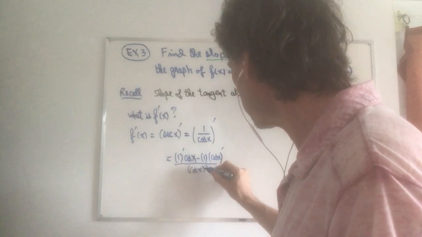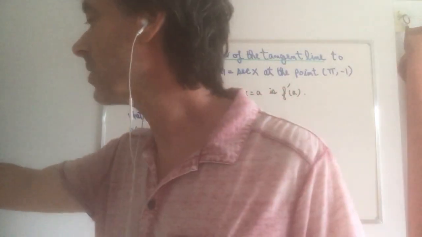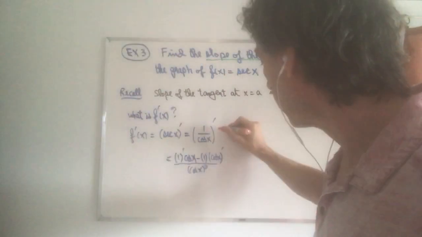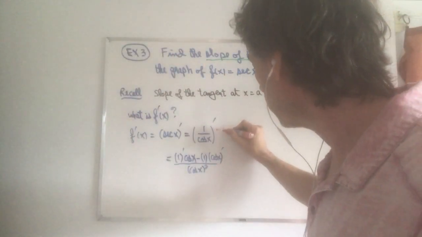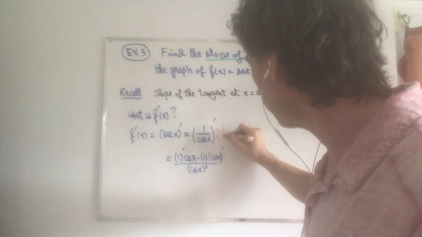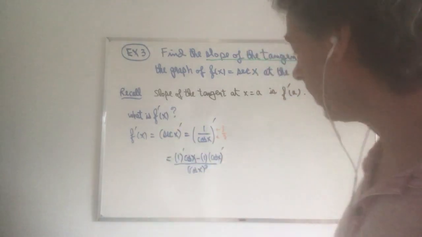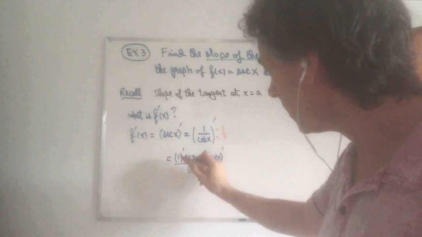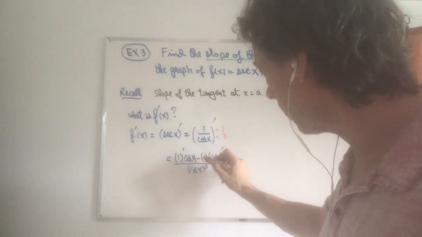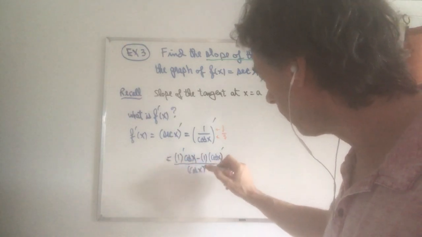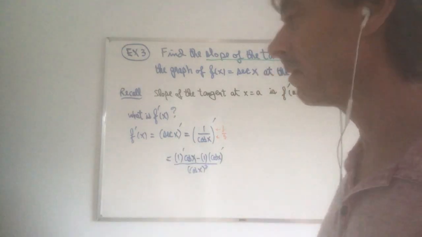Did I go a little fast over this? Let me take a step back. This is my upper function. This is my lower function. And I'm providing here a division. So this is f prime g minus f g prime over g squared.